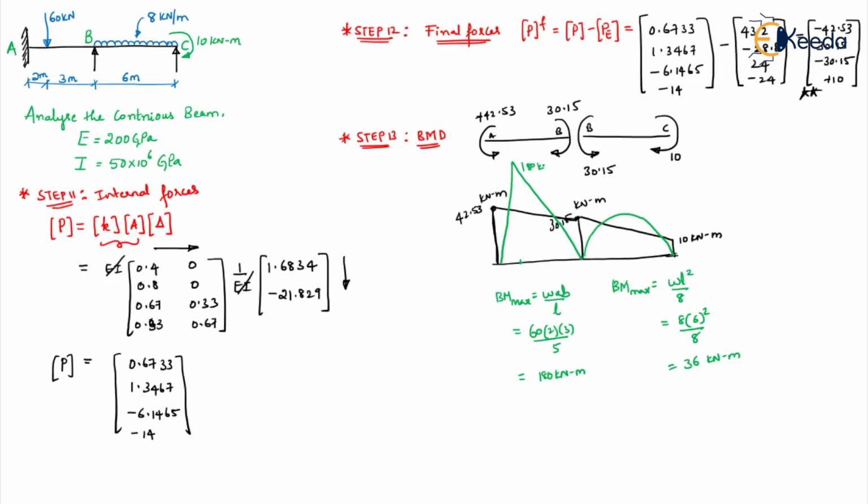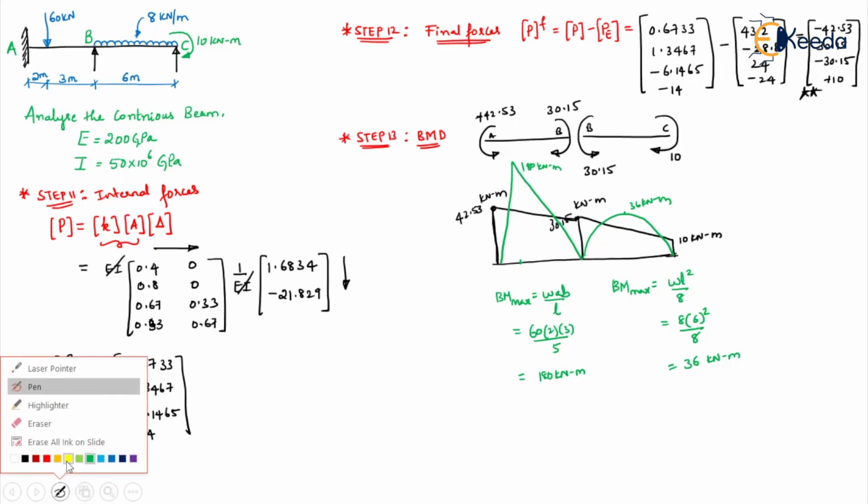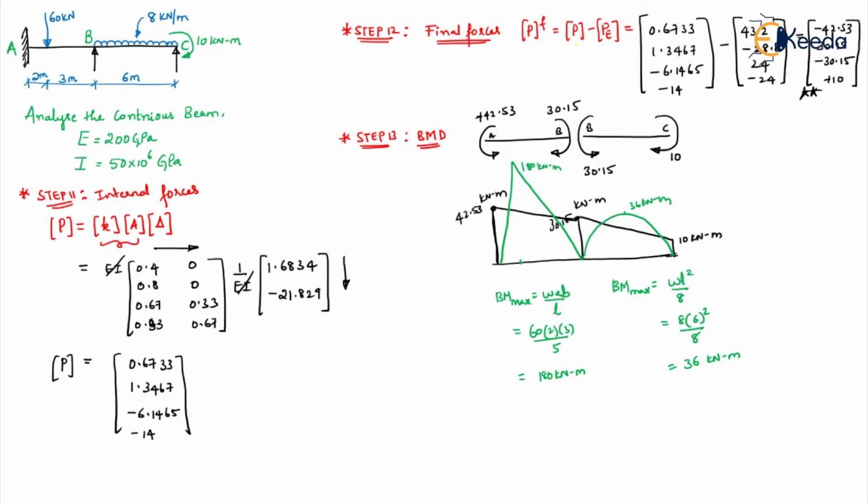This is 180 kilonewton meter, and this is 36 kilonewton meter. Okay, so if you want to plot the values, so these will be under negative values shaded in yellow, and coming to this, these will be under positive values. Okay, so this is your bending moment diagram.